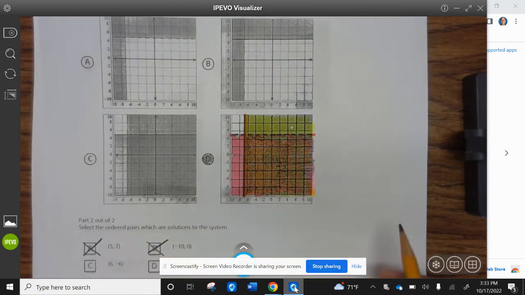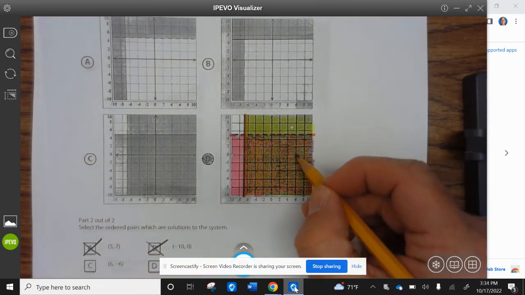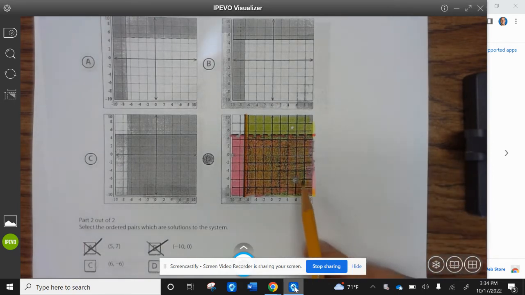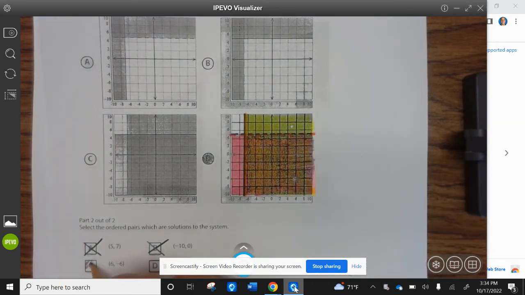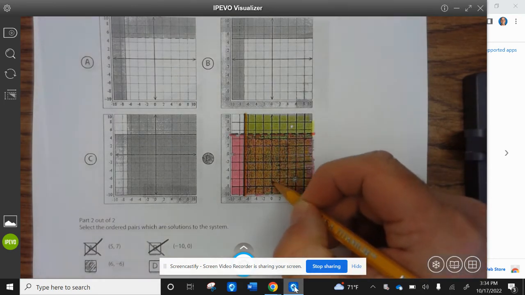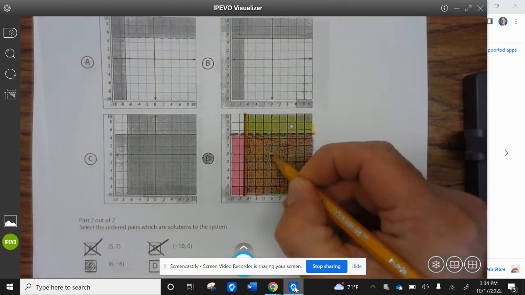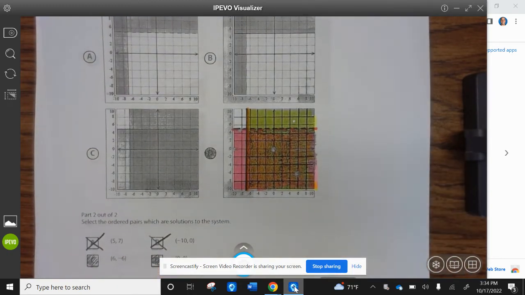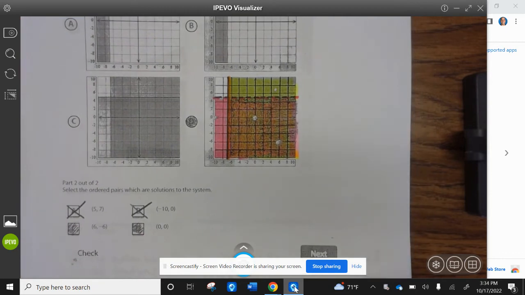Not a solution. (6, -6) is right here. That point is a solution. And then (0, 0) is right here. That is a solution. All right. Go ahead and finish up that example.